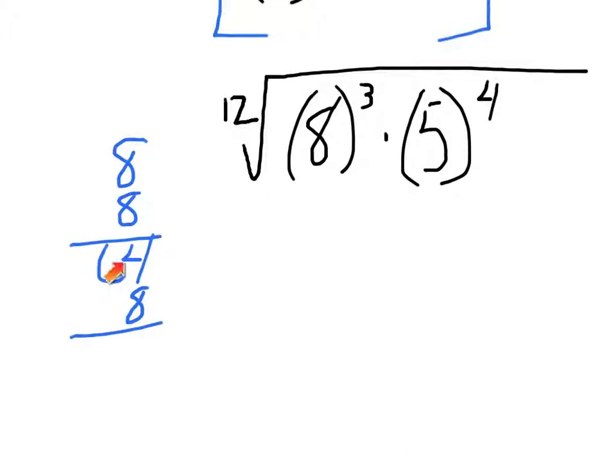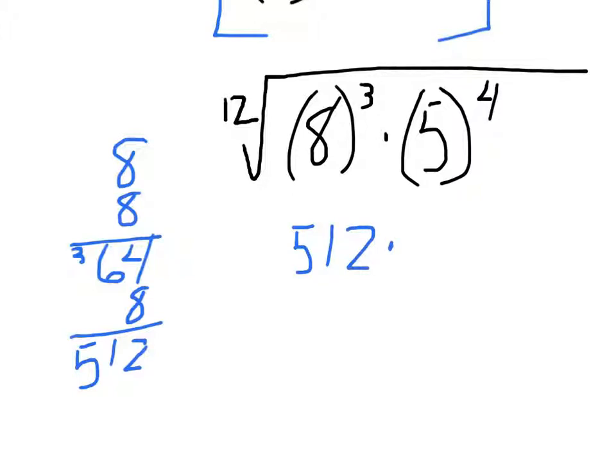Okay? 4 times 8, 32. Down the 2, carry the 3. 6 times 8 is 48, 49, 50, 51. I always count the extra little points there on the 3. So there's the 51. And sure enough, 8 cubed is 512.